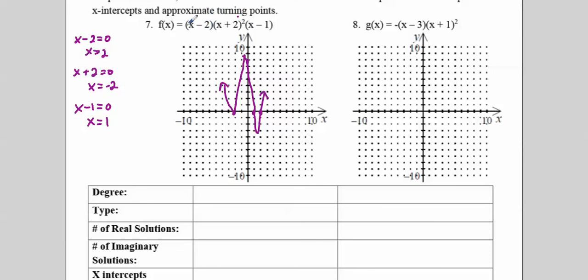Alright, the degree. This x is to the first power, this factor is to the second power, and this one is to the first power. So if you add up all of those degrees, you get a total degree of 4. That makes it quartic.